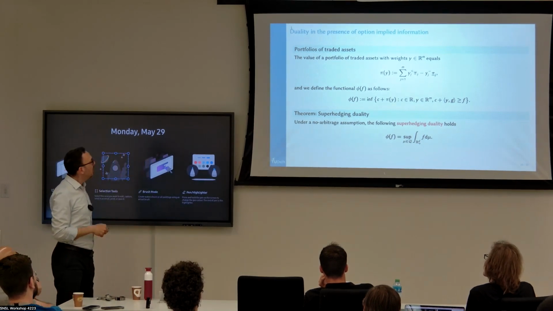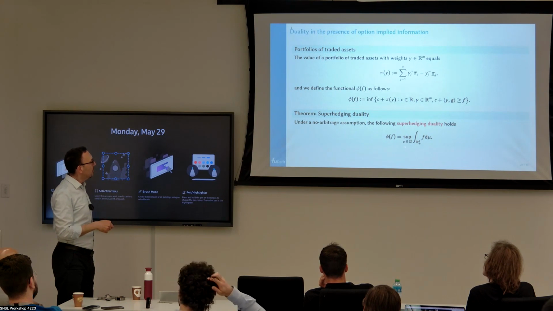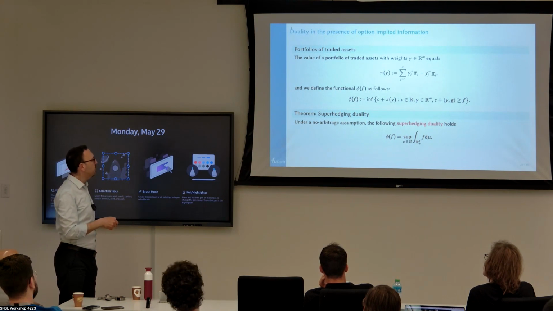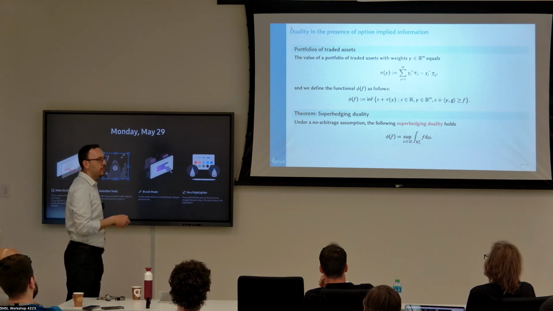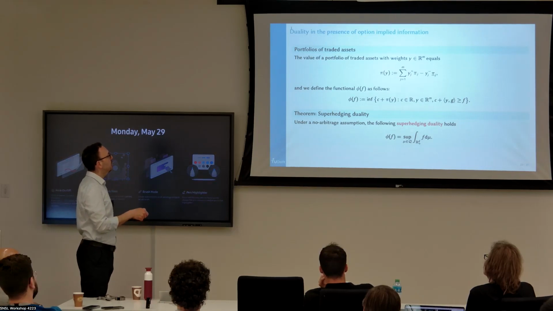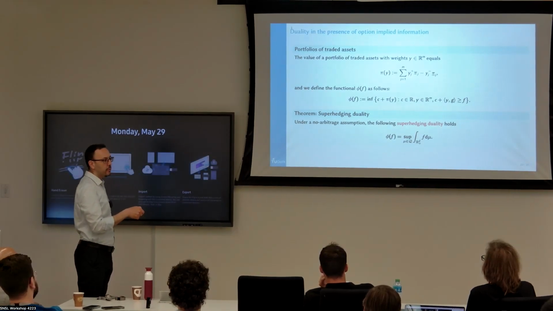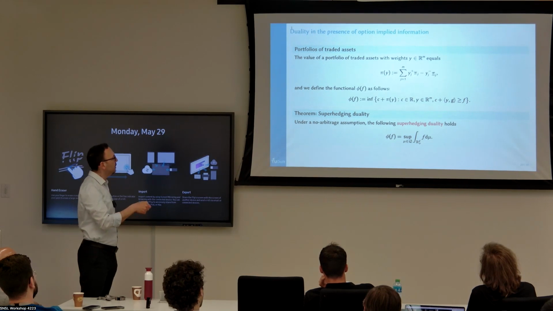Okay. But now this is a computationally difficult thing, right? If you would like to make a numerical method for this thing, you would need to, I don't know, discretize probability measures or whatever. This is not very nice. But this is a lot nicer because we are now discrete in space, right?